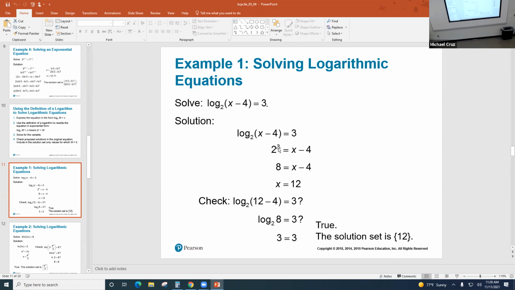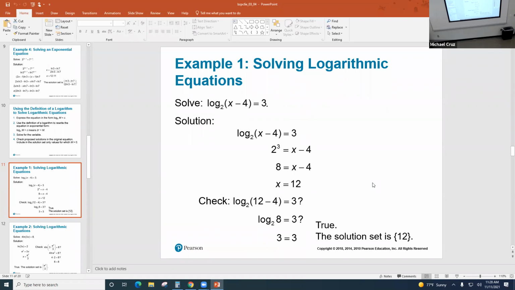So 2 cubed is equal to what's inside there, x minus 4. This 2 cubed is 2 times 2 is 4, and 2 times 4 is 8. And then after that, you solve and you get 12.